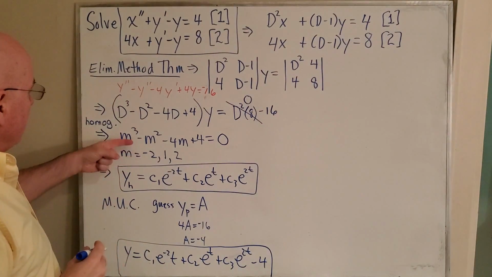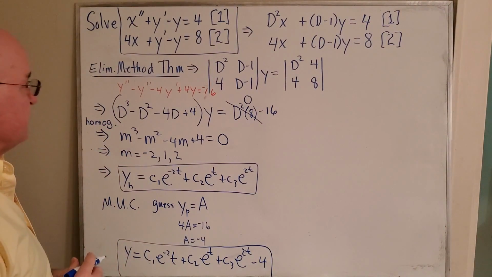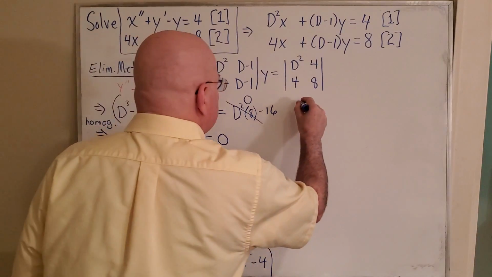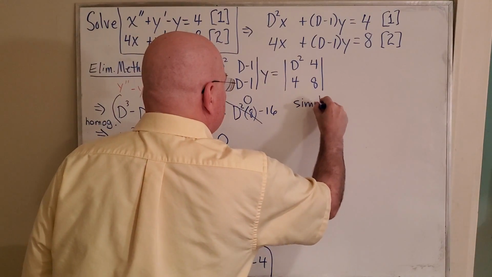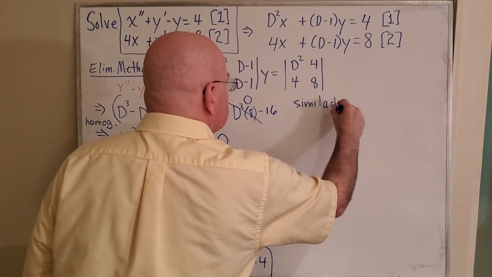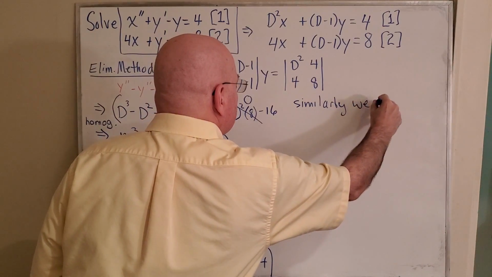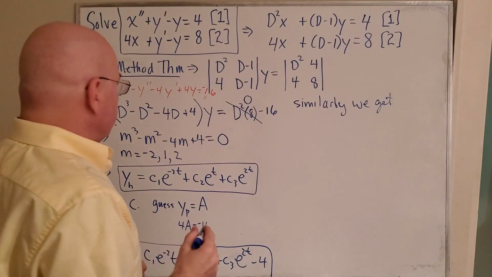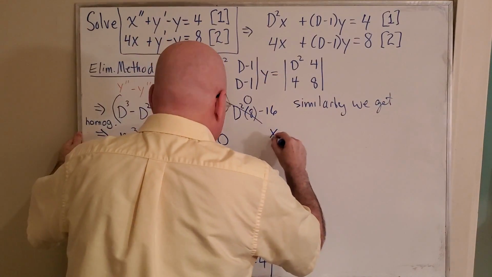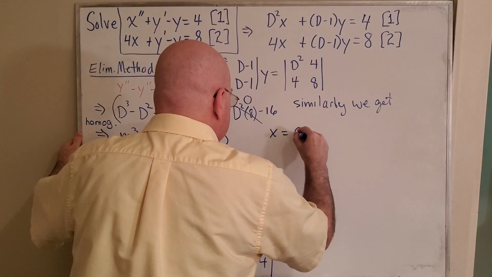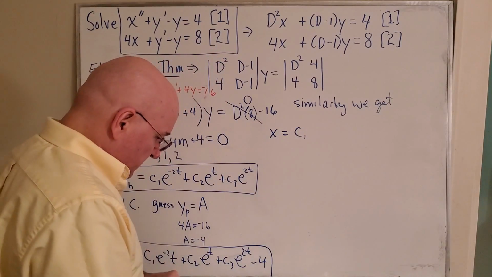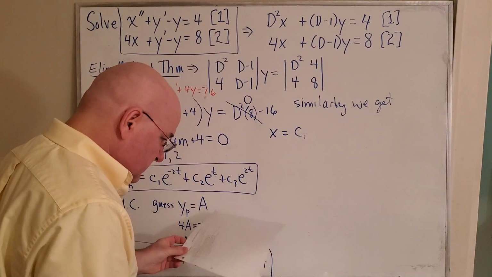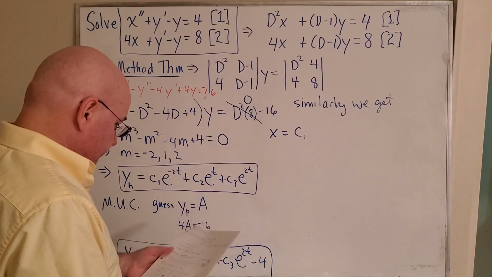But the homogeneous portion is going to be exactly the same. I'm going to leave that for you. Similarly, using the other equation from the theorem, we get x is equal to C1... it's almost identical.